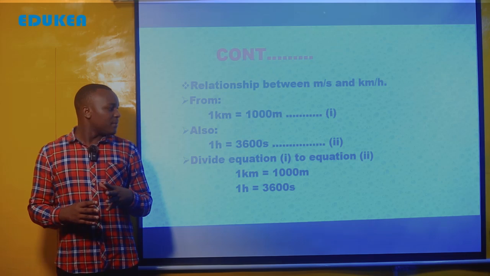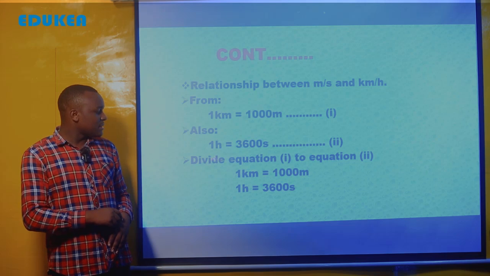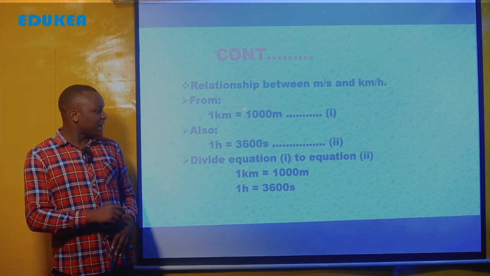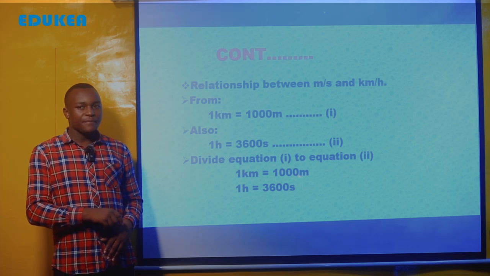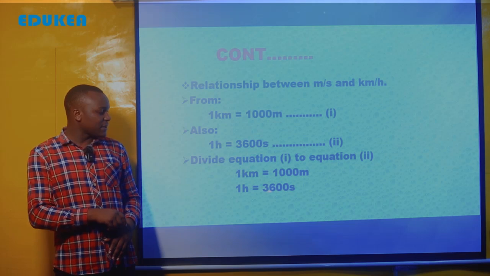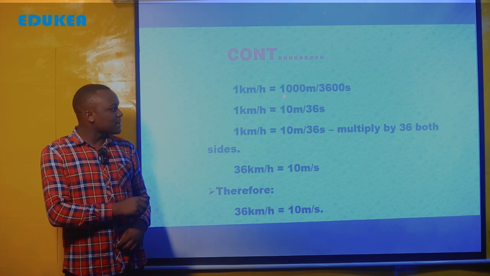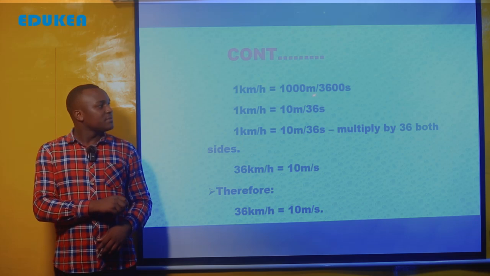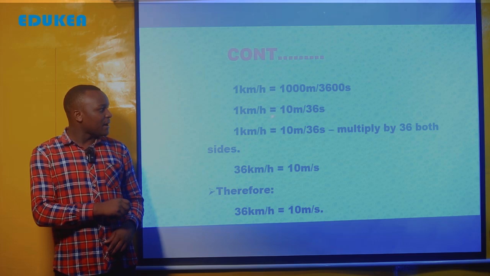Then divide equation 1 by equation 2. Kwamba ukichukua equation 1 ukaigawanya kwa equation 2 utakuta ni 1 kilomita ukigawanya kwa 1 hour sawa sawa na 1000 mita ukigawanya kwa 3600 second. So 1 kilometer per hour ni sawa sawa na 10 mita gawanya kwa 36.